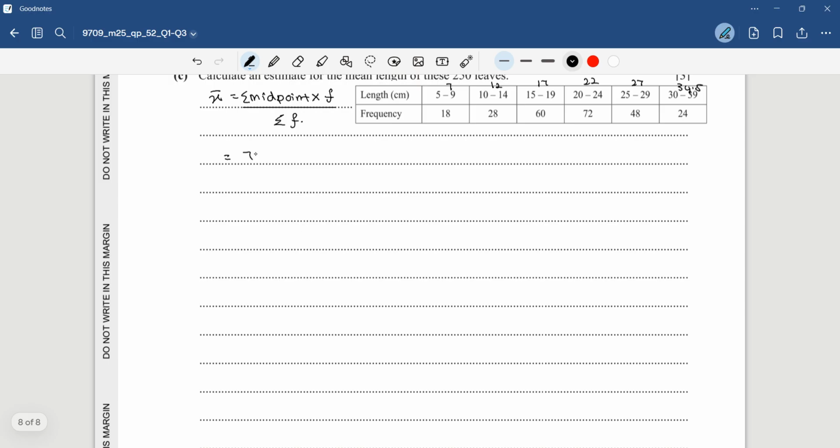So it's going to be 7 times 18 plus 12 times 28 plus 17 times 60 plus 22 times 72 plus 27 times 48 plus 34.5 times 24, divided by 250. So it's going to be 5190 over 250.